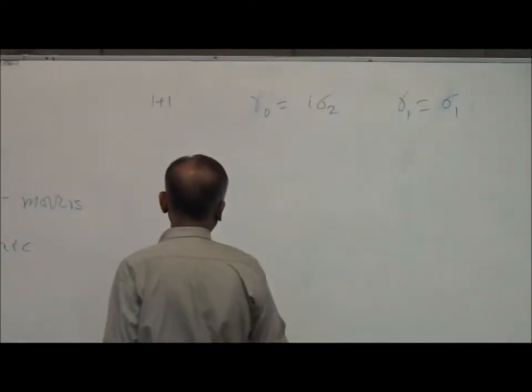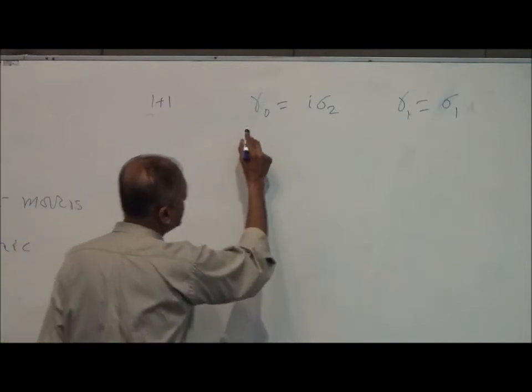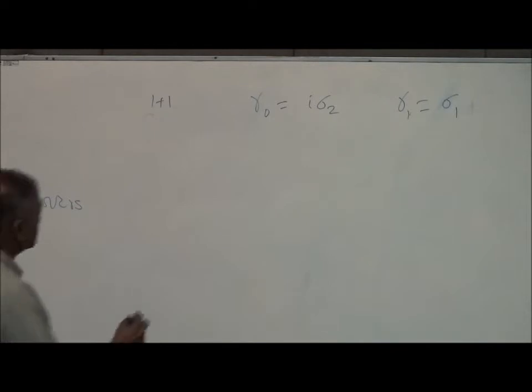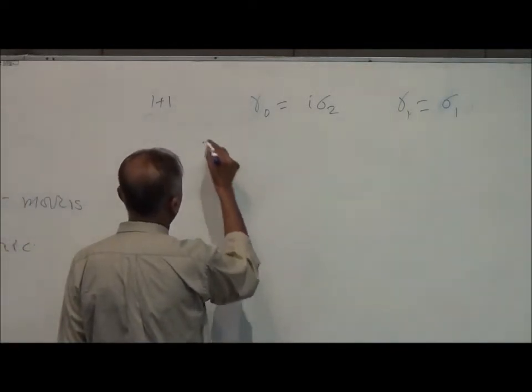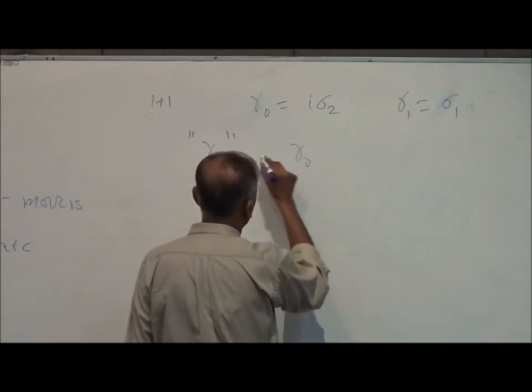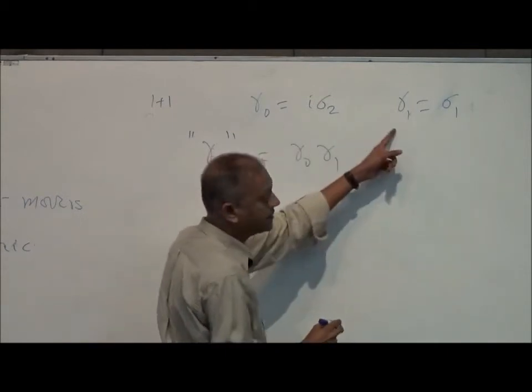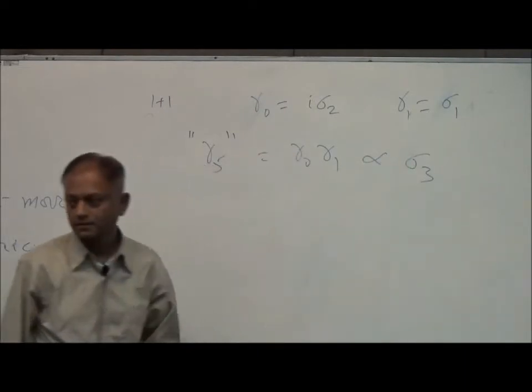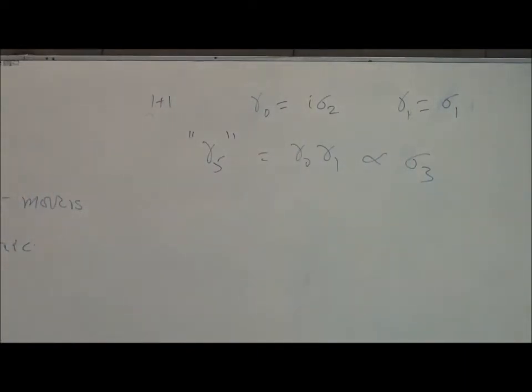Now, this basis is very convenient because the analog of gamma 5, which measures the chirality, is diagonal. The analog of gamma 5 in 1 plus 1 dimension is just the product of gamma 0 and gamma 1, which is proportional to sigma 3, which is diagonal.